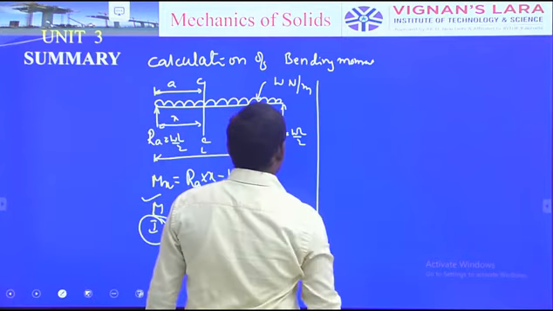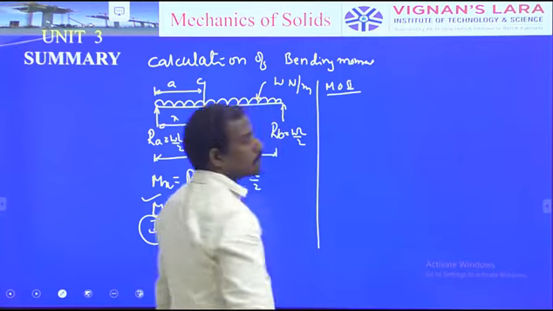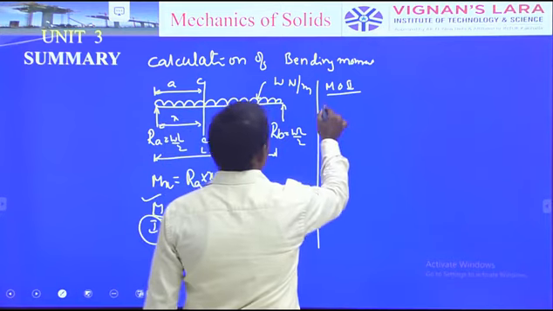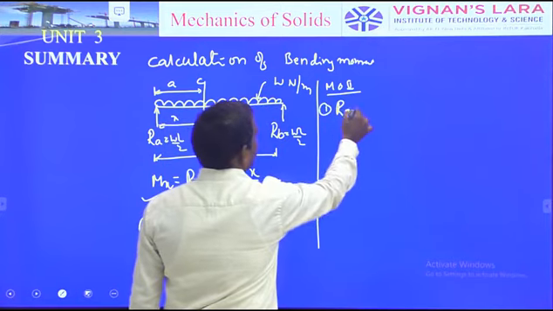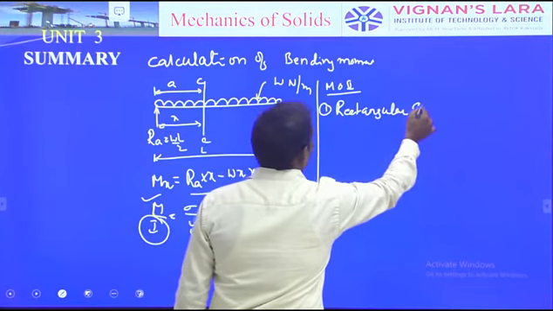Let us see the moment of inertia of a particular cross section, say a rectangle. One is the rectangular cross section.